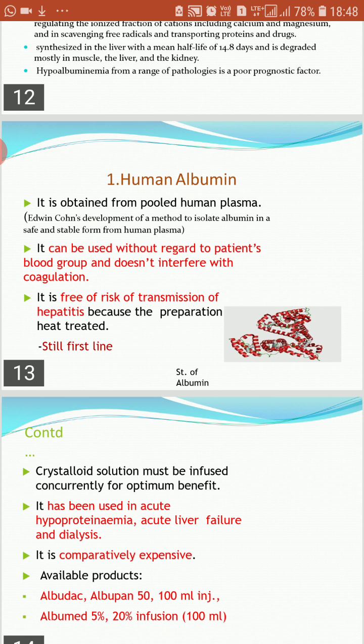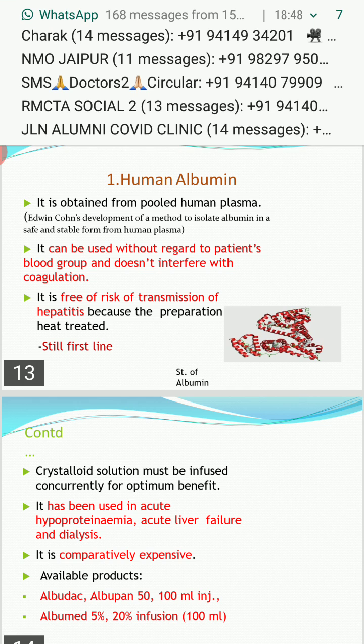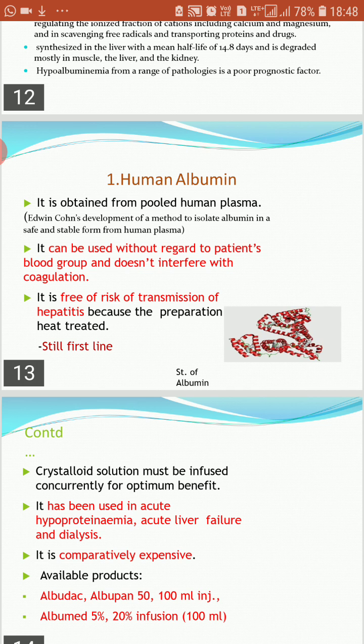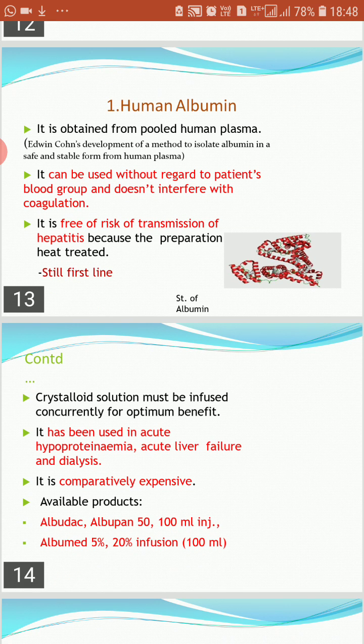It is still the first line plasma volume expander colloid. Another advantage is that it can be used in acute hypoproteinemia, liver failure, because the liver is not able to synthesize it, and dialysis. The disadvantage is it is comparatively expensive.